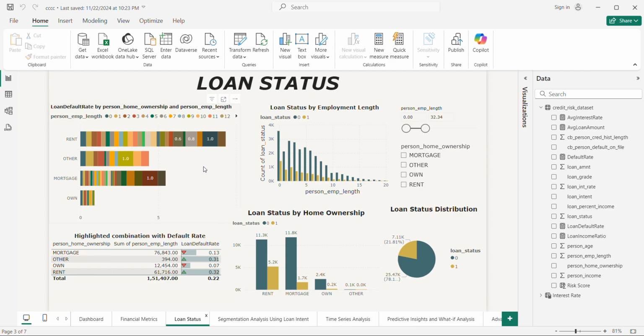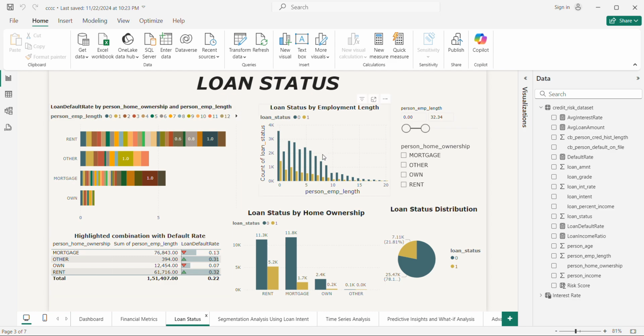In person home ownership, there are four categories: rent, other, mortgage, and own. And also by person employment length. So in these values, rent has a higher loan default rate than the others.